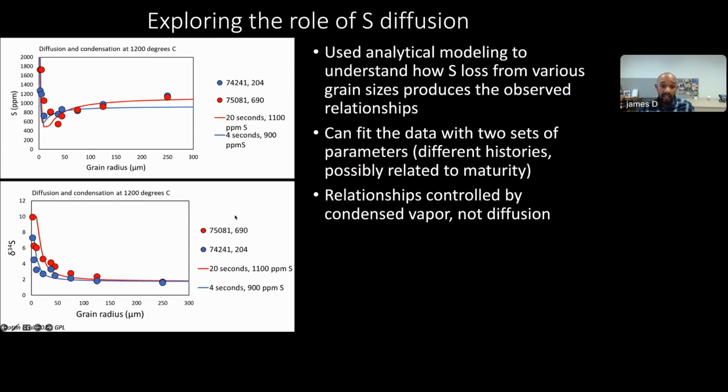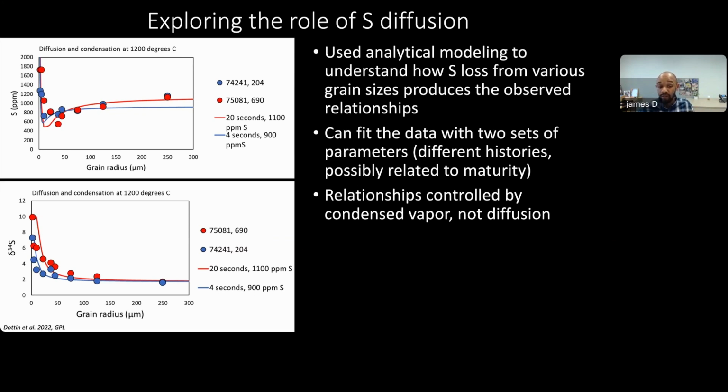In our analytical models, we find that we can reproduce the relationships seen between sulfur concentration, isotopic composition, and grain size, but we also find that in order to fit the data, it requires two sets of parameters in terms of the time at which this process occurs and the starting sulfur concentration, which can indicate that there are different histories associated with these soils. Maybe it's related to their maturity.